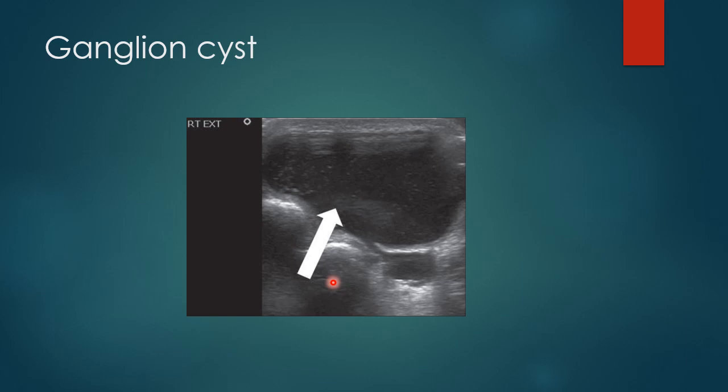Also, the Doppler study may be difficult to detect sluggish flow in a capacious vein, so the dynamic study is the main differentiating point. Thank you.